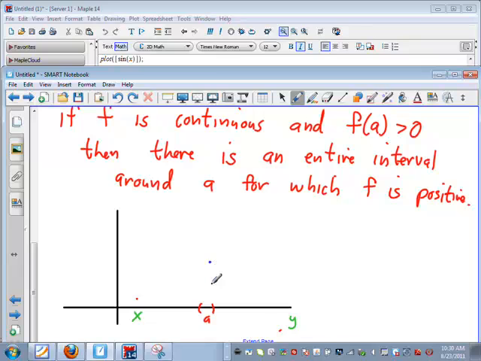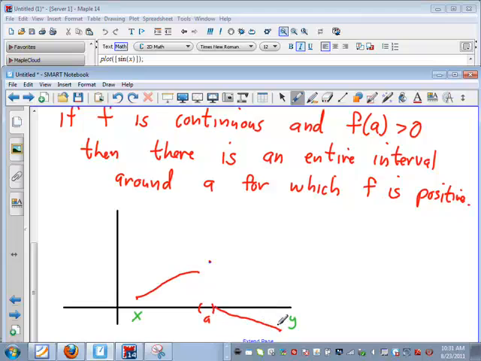That's right. In order to be continuous, what does continuous mean in your words? It means you can draw the function without taking your pen off the board. So that's impossible to do in this case. If you draw this, I need to do something like this, something like that.